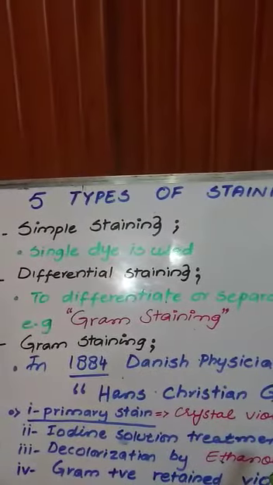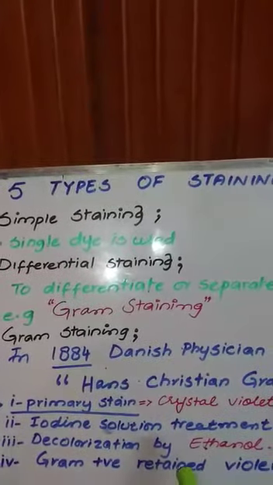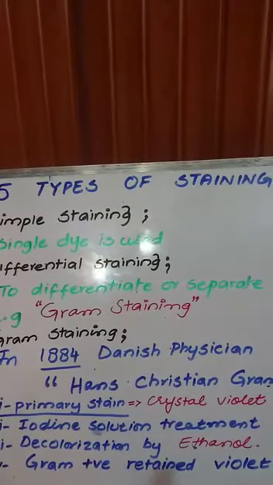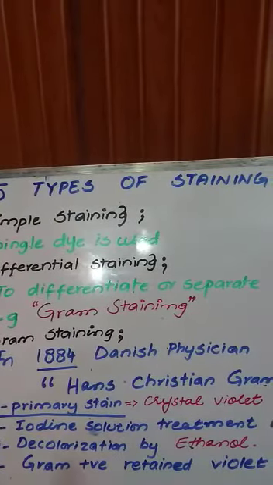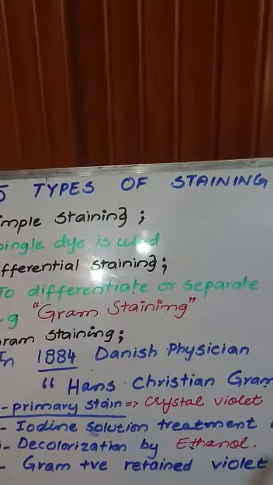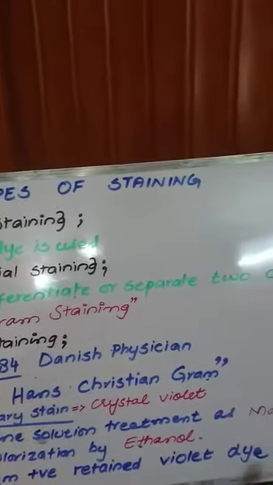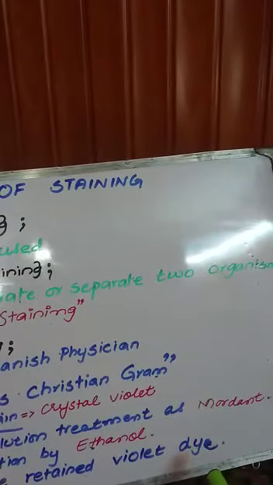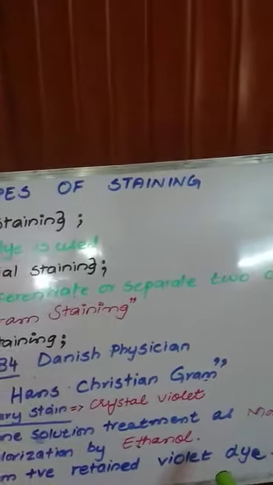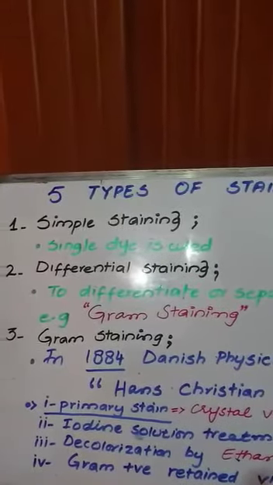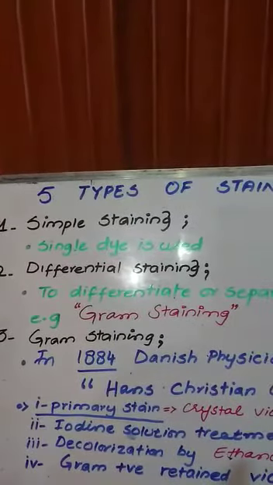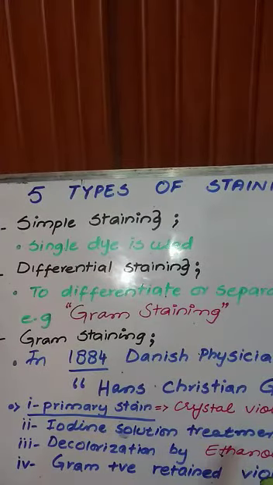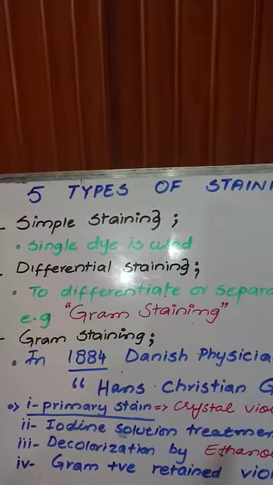Then in the fourth step, gram-positive bacteria retain the violet dye, so those bacteria are known as gram-positive bacteria. Girls, the basic difference between gram-positive and gram-negative bacteria lies in the structure and composition of their cell walls.